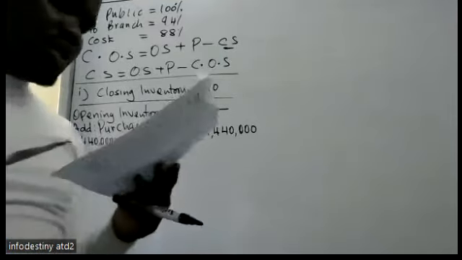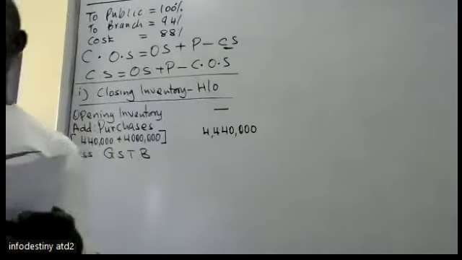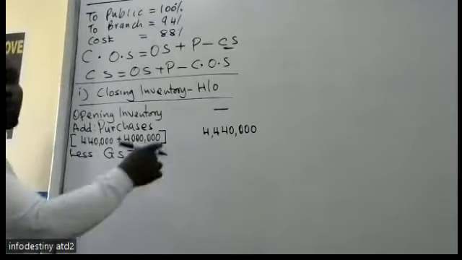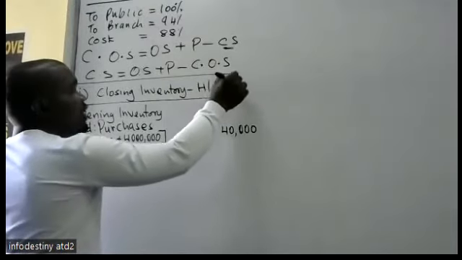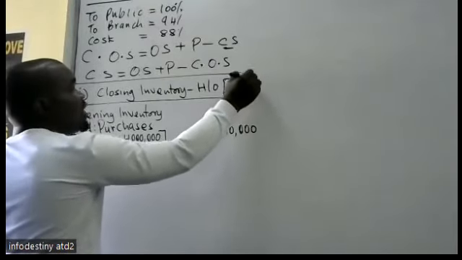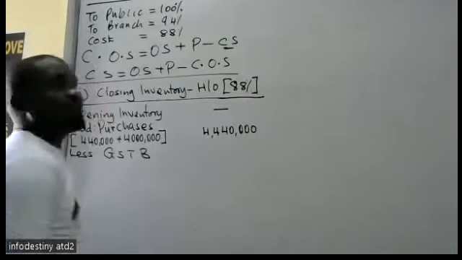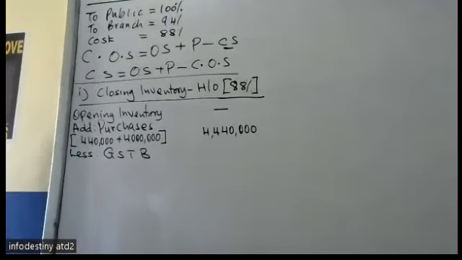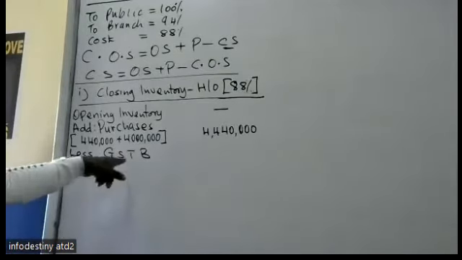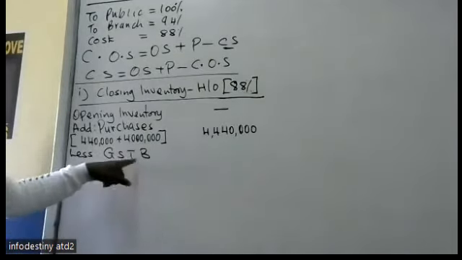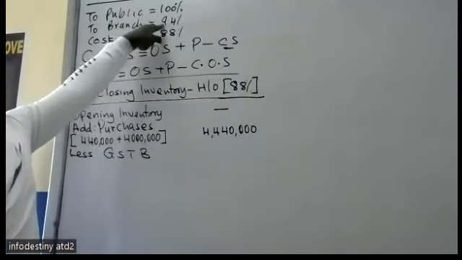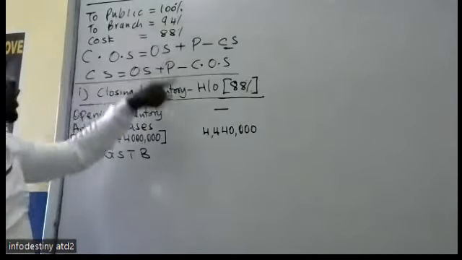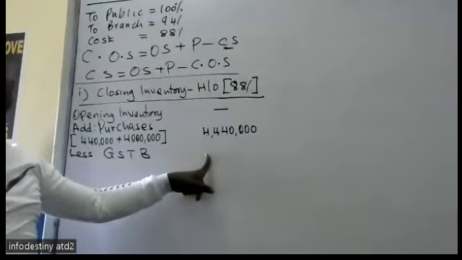How much is that? 1598. However, sorry, we did not indicate: in the head office, goods must be maintained at what percentage? 88%. Goods should be maintained at 88. So goods sent to branch, goods were being sent at what percentage? 94.